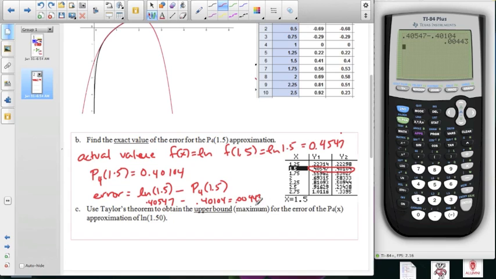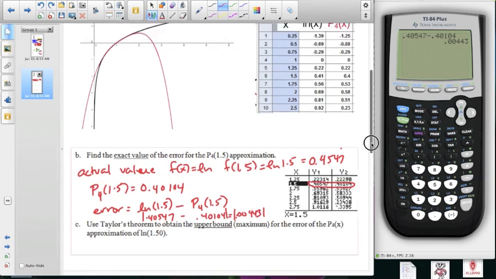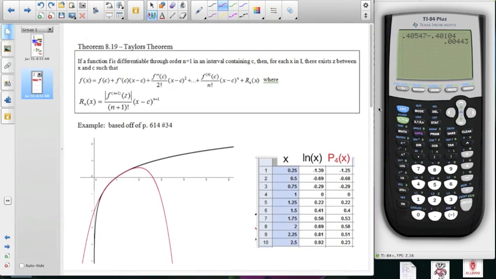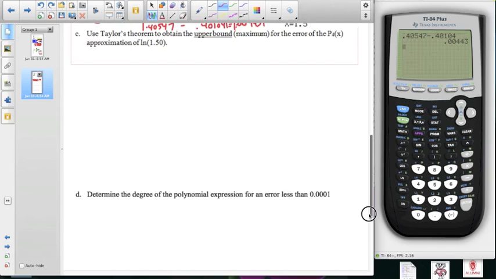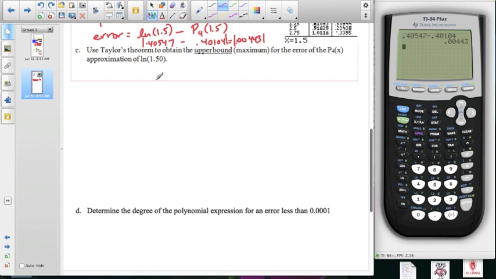So there's the error. And when we think of the error, we think of the absolute value of the difference. So even if we switched those and subtracted the approximation from the natural log, we get the negative of that value. So then we come to talk about, well, what if we want to take a look at the error, and we want to look at maximizing that error.